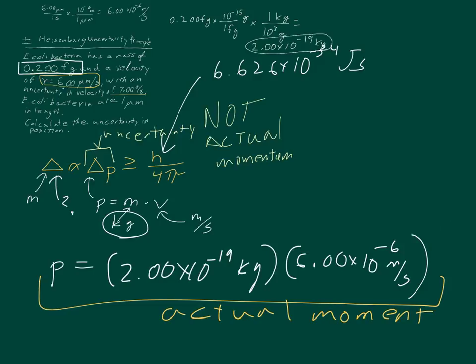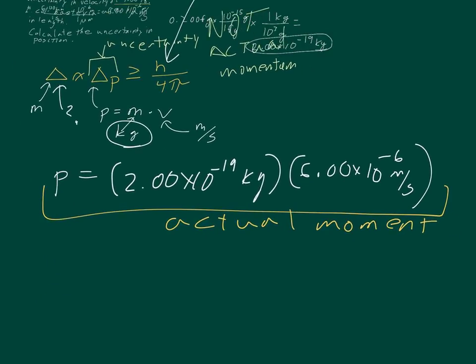So my actual momentum for my little bacteria here would be 1.2 times 10 to the negative 24th, I believe. Checking it on my calculator just to make sure. 25th. How did I get to the 25th?